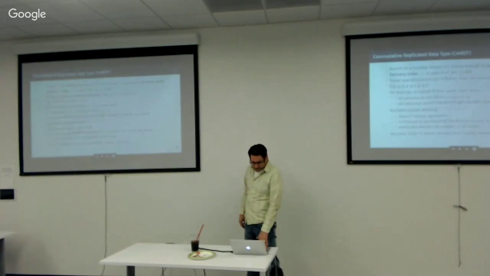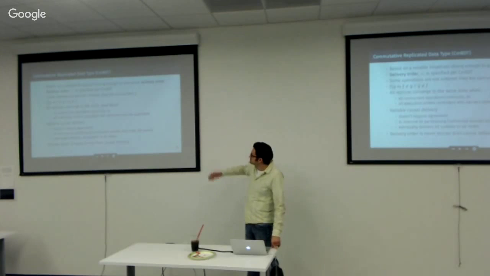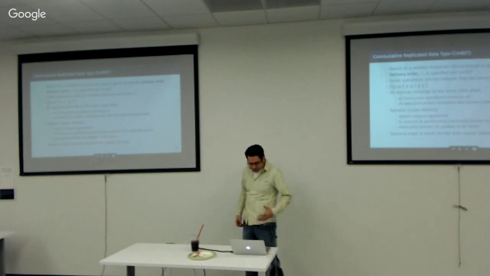Okay, so now we have commutative replicated data types, and these are based on operations. And it requires a reliable broadcast strong enough to guarantee some delivery order. So the particular delivery order, or the ordering relation, is specified per data type.